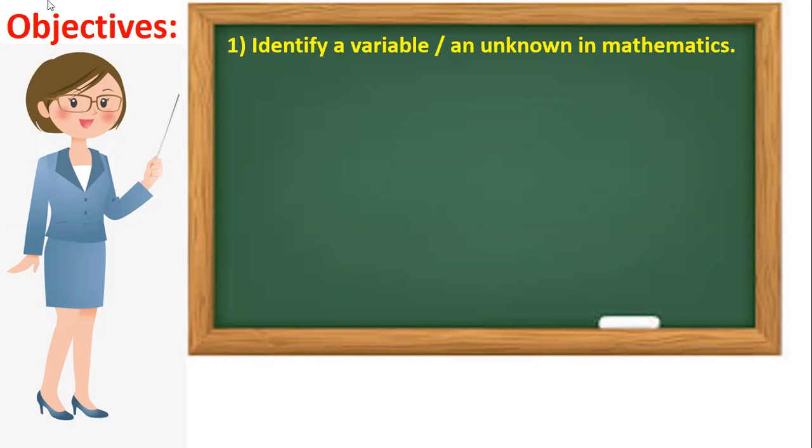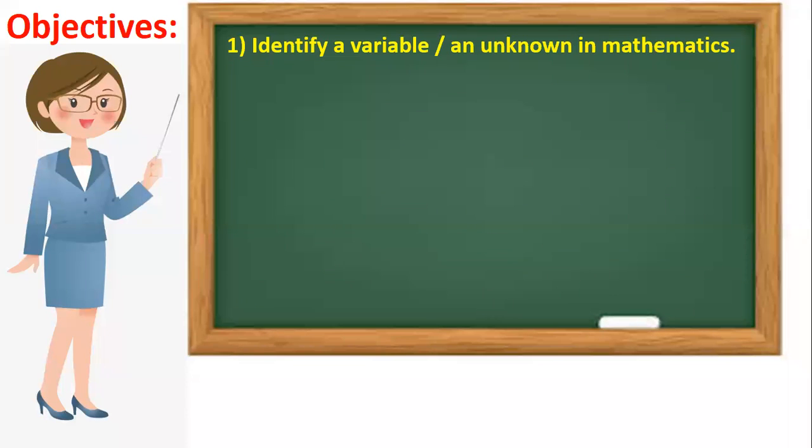Why do we also call it a variable? Because when I predict it, I may give it different values. For example, if we have an unknown which is x, x might be 1, 2, 3, 5, 10, 100, 20, 0.